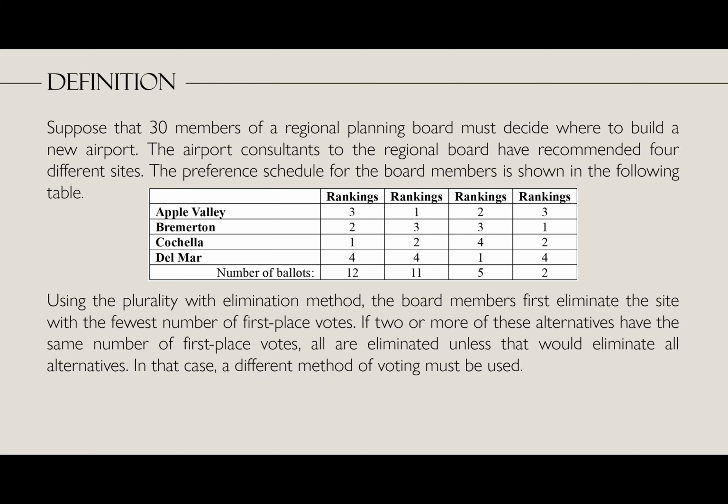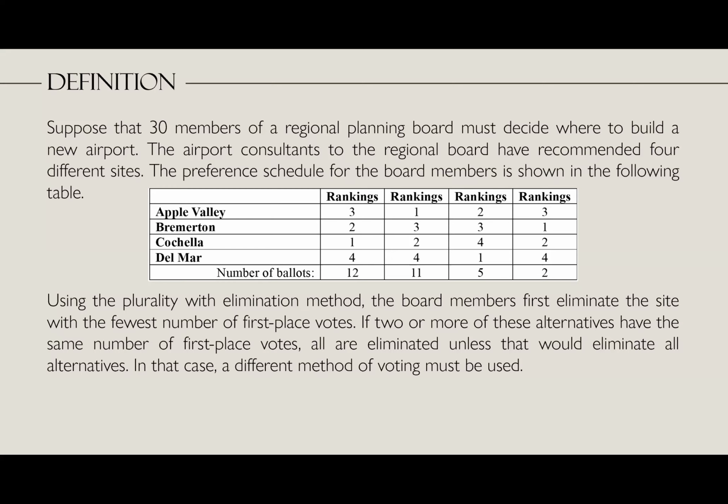And then we recount and reorganize our votes. So we continue this method until we only have 2 candidates, and then we see which one has the most first place from there. Now, there is a little bit of a flaw in this method. Sometimes you might end up eliminating all your options if we have a tie. So let's see how this will work.